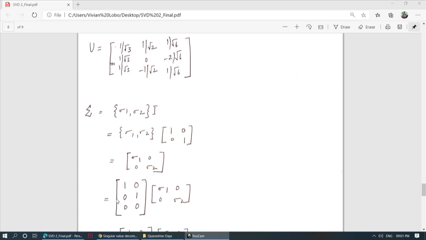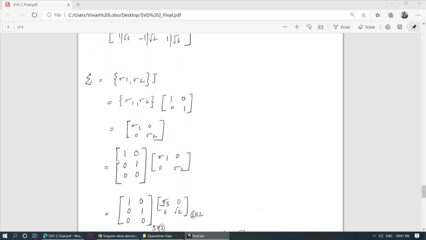But students, if you see, we had got 3 rows and 2 columns in A. So in the singular value matrix, the value of I also will include 3 rows and 2 columns. So if you see, this is not a complete identity matrix. It is 1, 0, the third column is missing. So 1, 0, 0, 1, 0, 0.